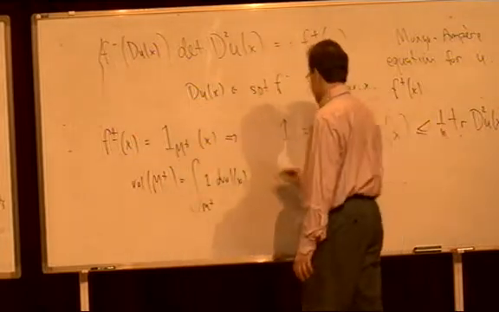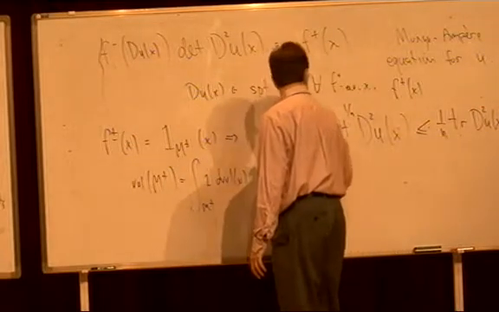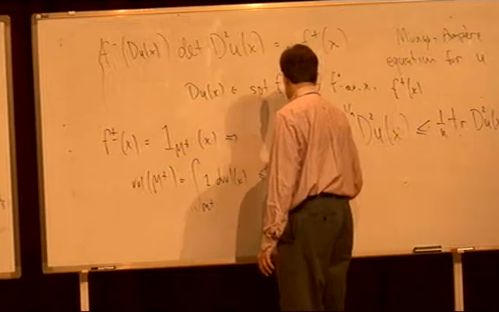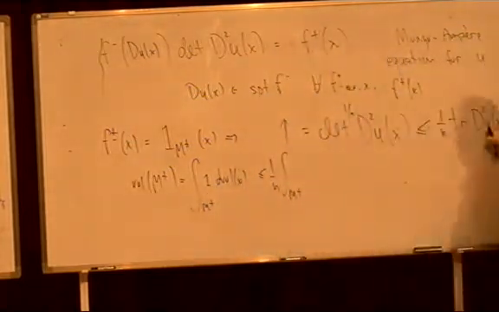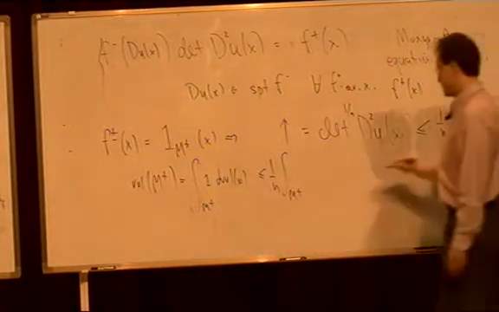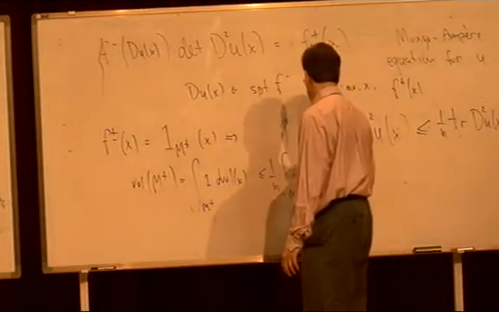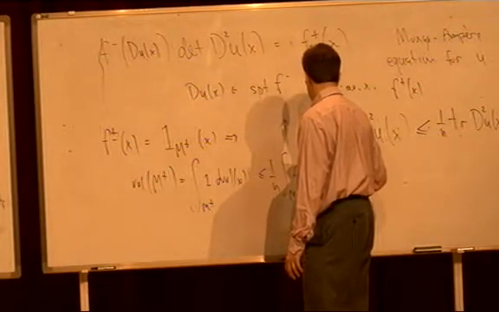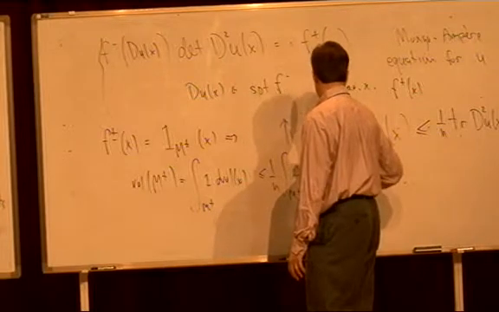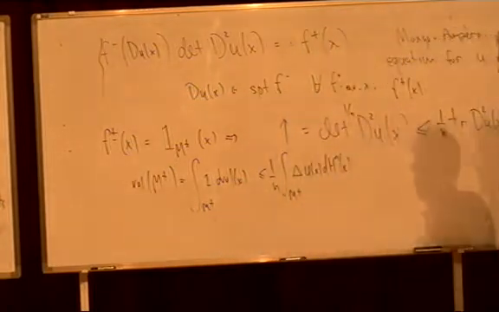And this is less than 1 over n integral over M plus. The trace of the Hessian is the same as the Laplacian of u, and I'm still integrating with respect to volume, which is to say n-dimensional Lebesgue measure.